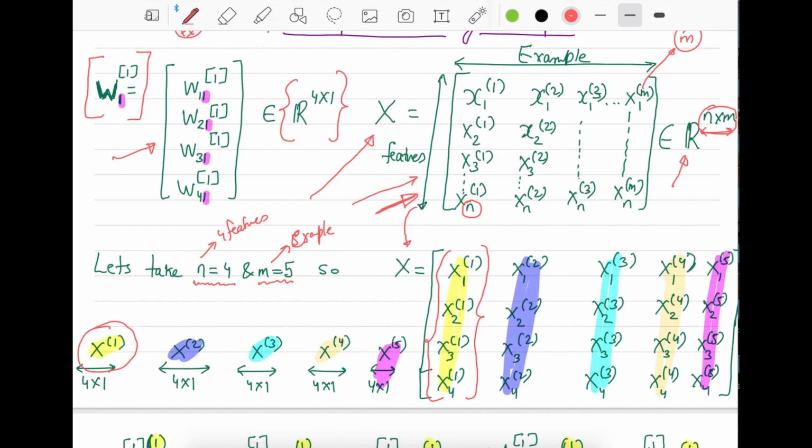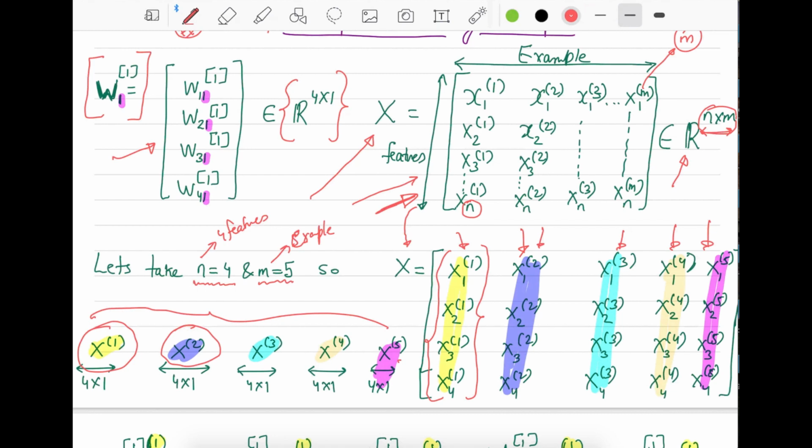If you write only x1, that means it has all the features of x1. If you write x2, that means it has all the features of x2 here. So this shows you the corresponding vector representation of these individual expanded vectors. And you can also see how different examples are stacked in the form of a matrix, where the rows are your features and the columns are your examples.